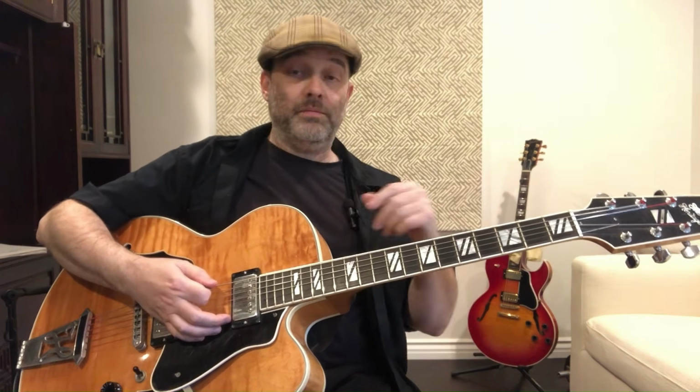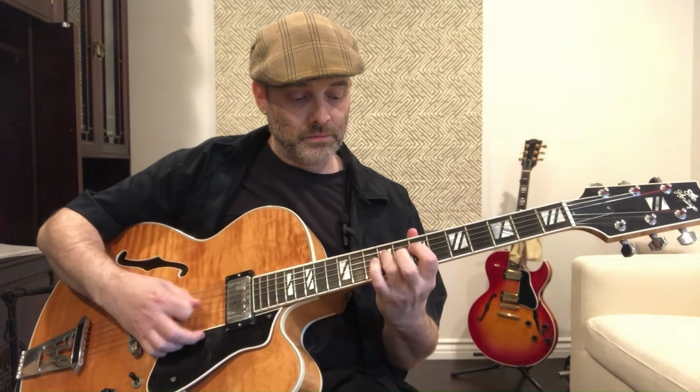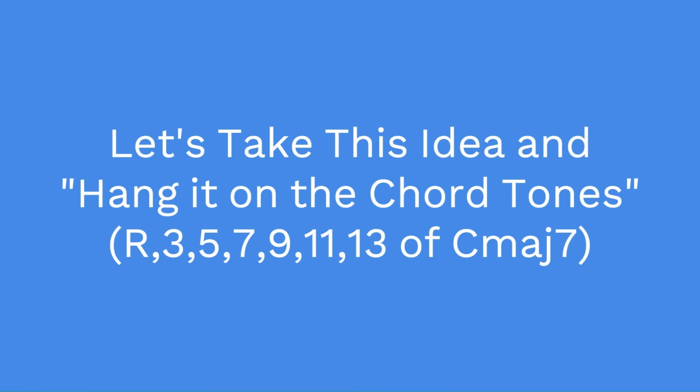And then you can tie in other ideas and keep it going as long as you want, or you can end it there. Makes a nice C major 9. So you can hang this idea on every single degree of this scale, and you just tailor it to fit. So let's try to do that.